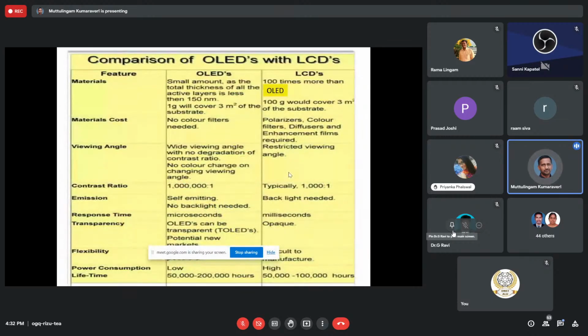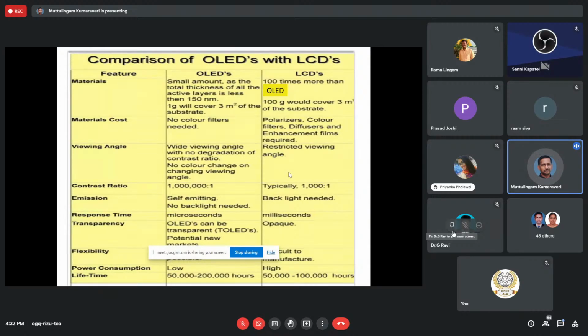So I'm just going to start with the comparison of OLEDs and LCDs. Why do we need OLEDs? Material-wise, we use a very small amount for making OLED displays compared to LCD. LCD needs 100 times more material.